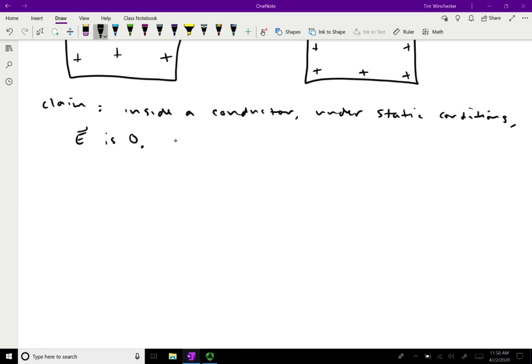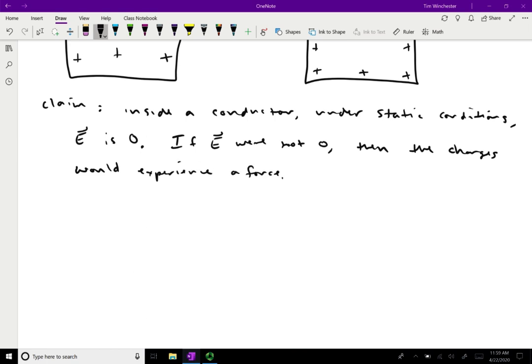And basically what it says is that if the electric field were not zero, then any charges in the conductor would experience a force from that electric field. And because the charges are free to move and they experience a force, then the charges will move.